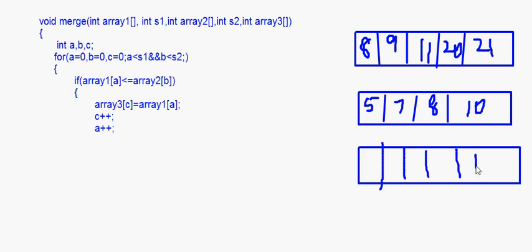Okay, I'll write down the coding first. This is the if condition, if else. In the else case, it will be array3[c] is equal to array2[b], and here you will write c++ and b++.